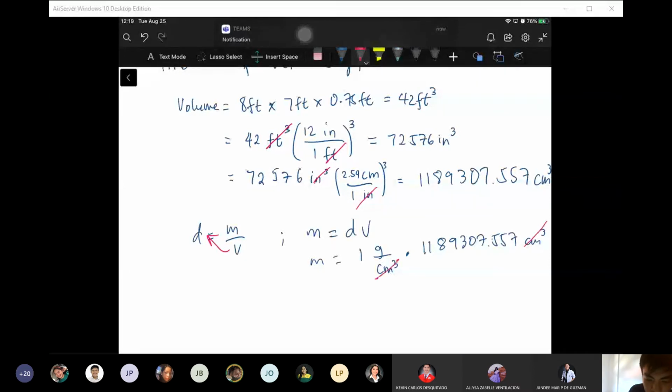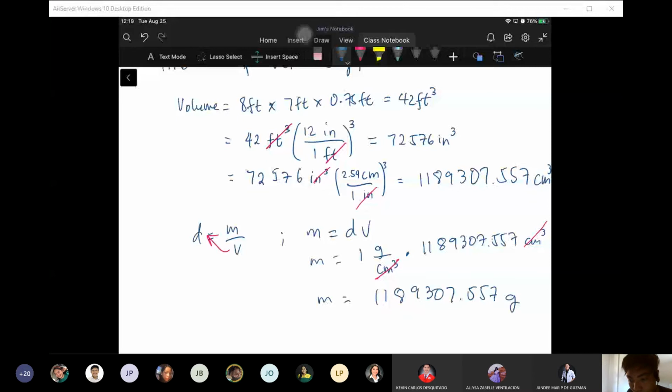So I can cancel this and obtain a mass of 1,189,307.557 grams pala. Grams. But the answer requires kilograms.